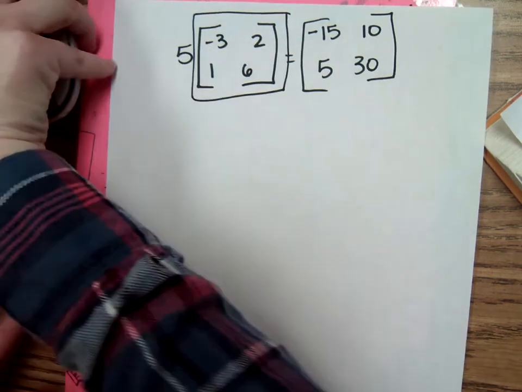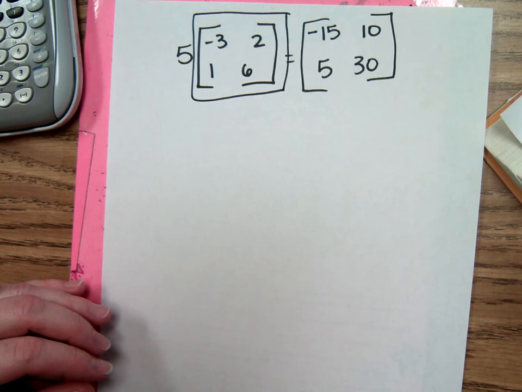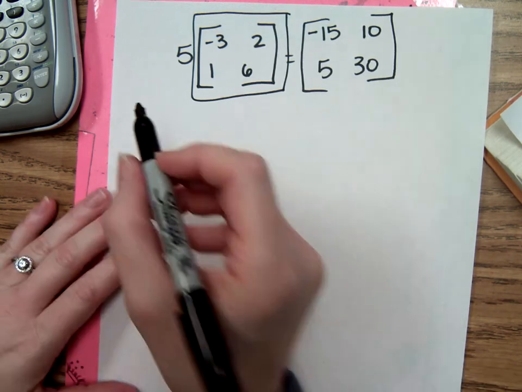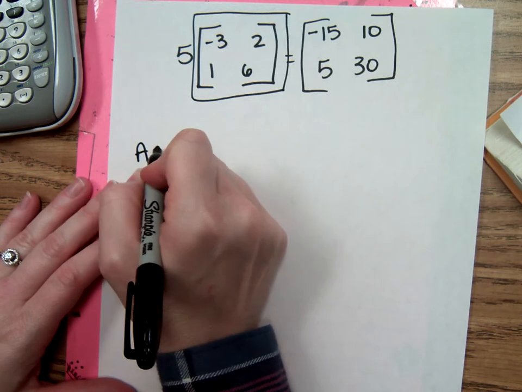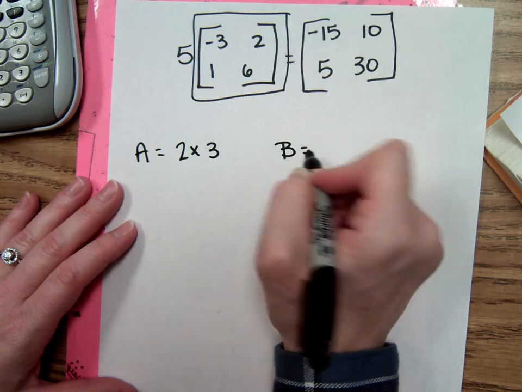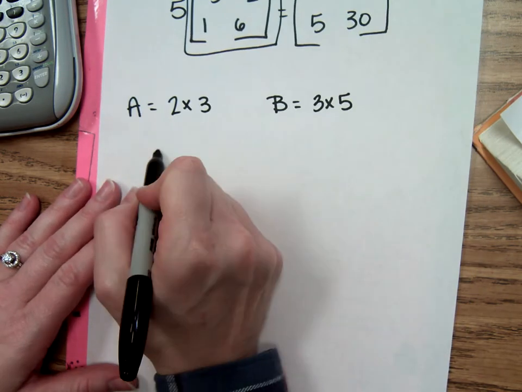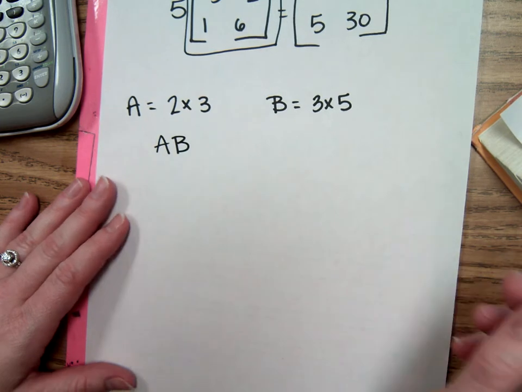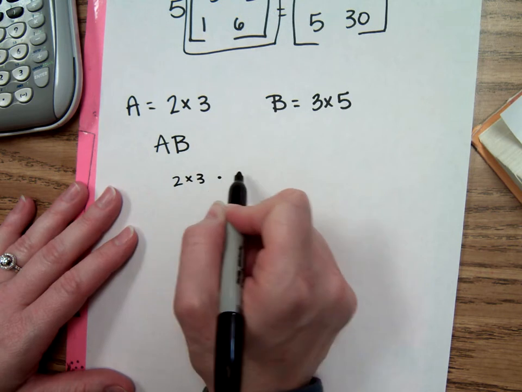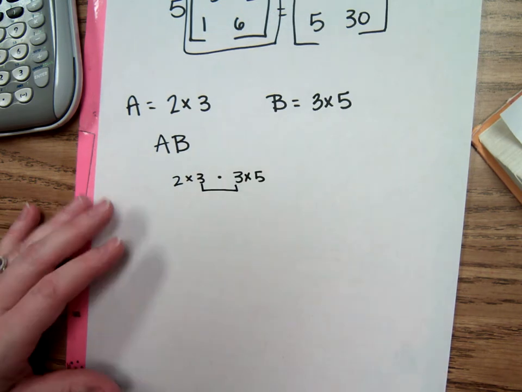Now, in order to do matrix multiplication, the inside dimensions have to match, and I'll show you what I mean. Let's say that matrix A is a 2 by 3, and matrix B is a 3 by 5. So I can multiply matrix A times matrix B, because that would be a 2 by 3 times a 3 by 5. See the 3 and the 3, they match?